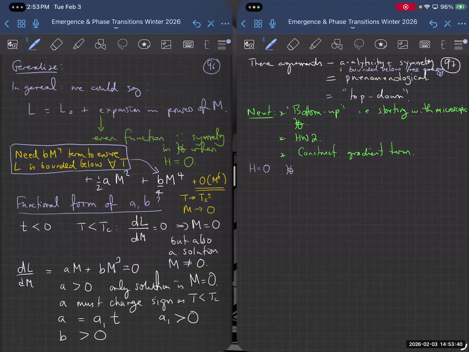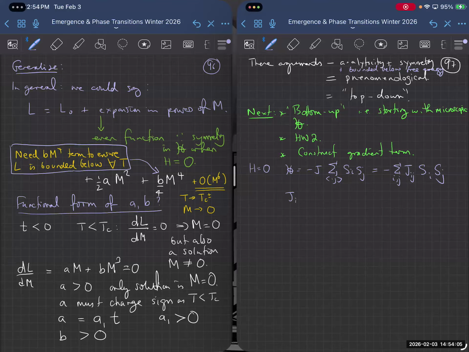So our Hamiltonian is now minus J sum over i and j nearest neighbors, S_i S_j, and in general I can write that as minus sum over i and j unrestricted, some J_ij matrix times S_i S_j.